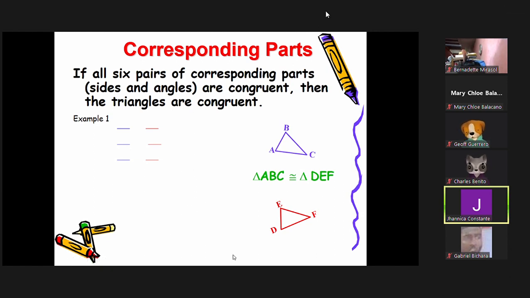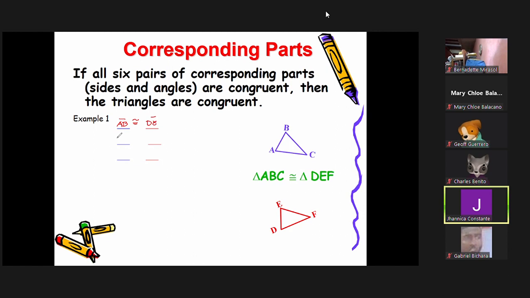So for example, if we have side AB of triangle ABC, side AB, or line segment AB, is congruent to side DE of triangle DEF. That's the first pair of corresponding parts that we have by identifying the sides of our triangle.